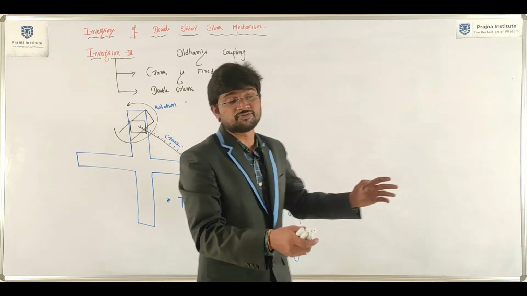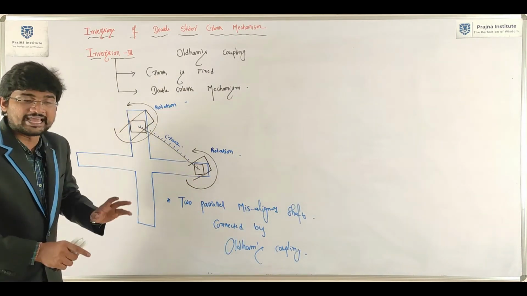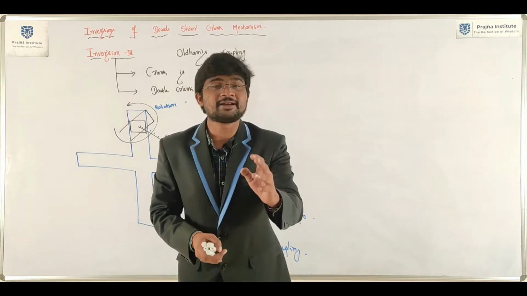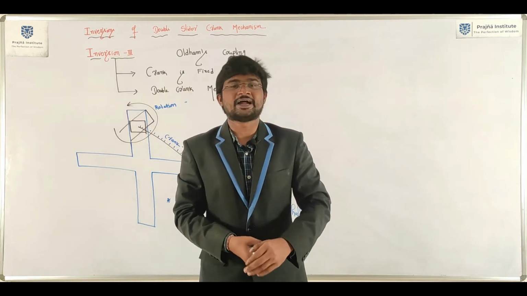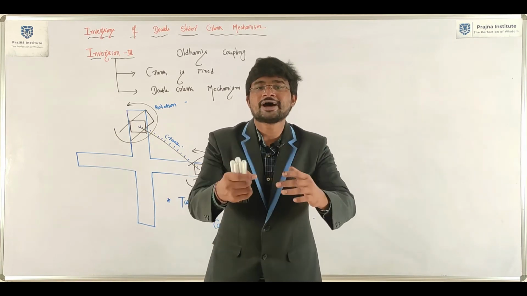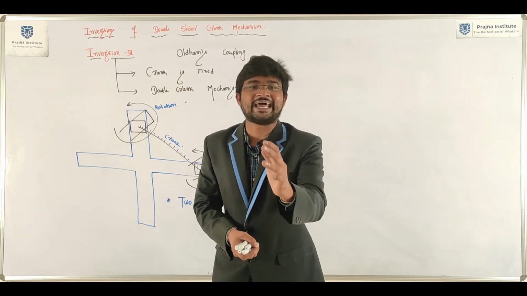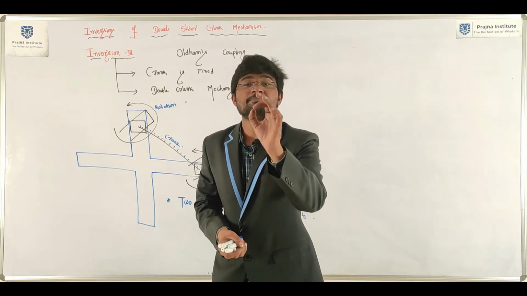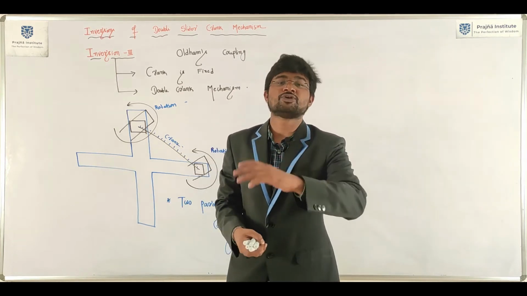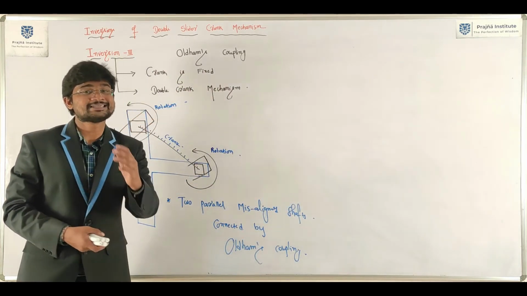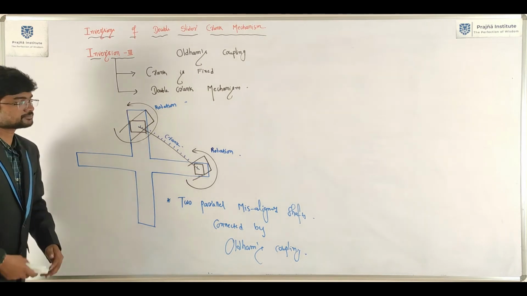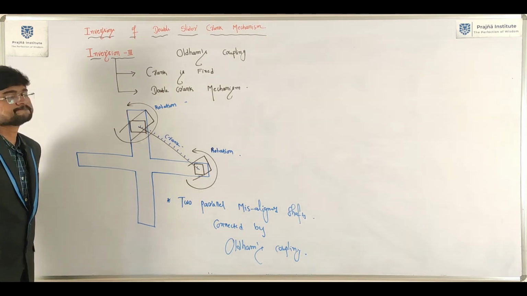After that, we fixed the crank. Then these two sliders will rotate. The resultant mechanism is a double crank mechanism, named Oldham's coupling. Oldham's coupling is used to connect two parallel misaligned shafts. This is all about inversions of the double slider crank mechanism. Right up to here? Okay.